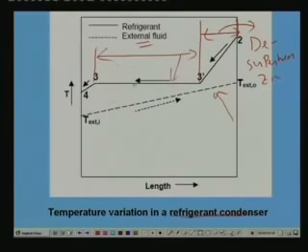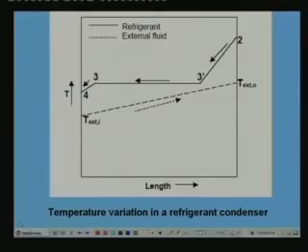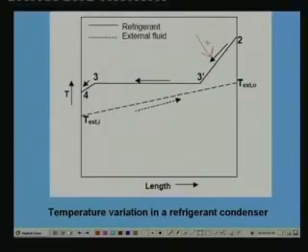During the condensing zone, the temperature remains constant as long as the pressure remains constant, right. Then finally you may have a third zone which is known as your subcooling zone. Again, during the subcooling zone the pressure remains constant and the temperature varies. So, this is the temperature profile as far as the refrigerant is concerned.